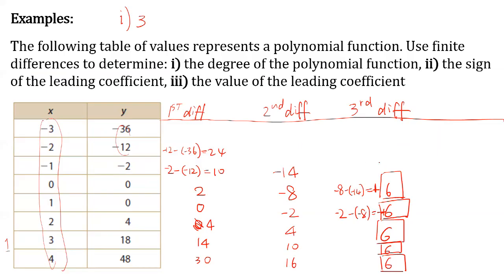As we have calculated here, the third differences are constants. So this polynomial must have a degree of 3. Okay, next, the sign of the leading coefficient is positive, because the signs of the leading coefficient and the signs of the nth difference are the same, right?